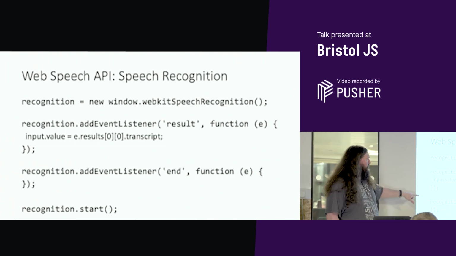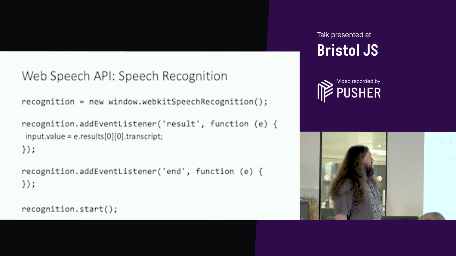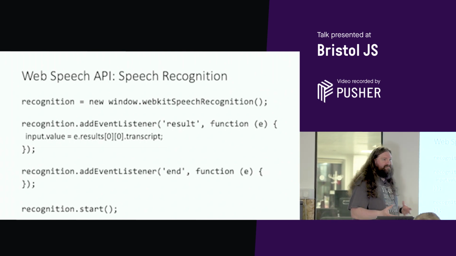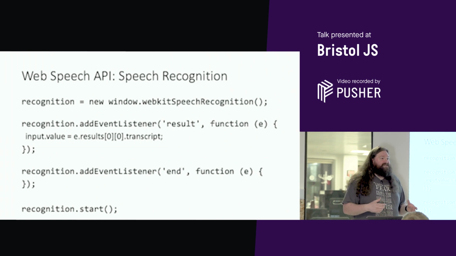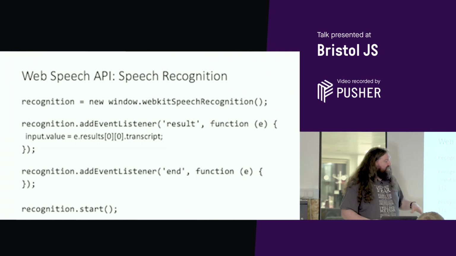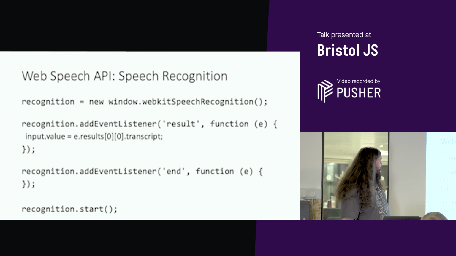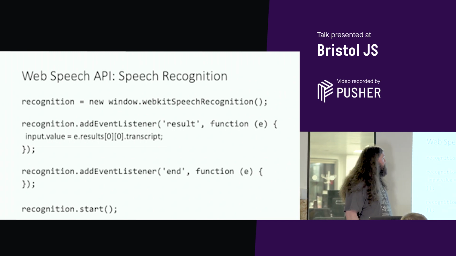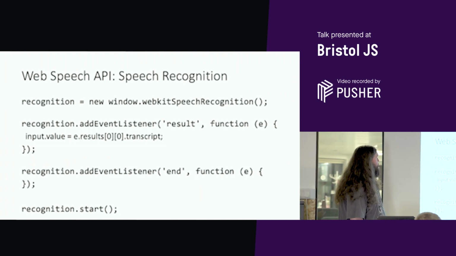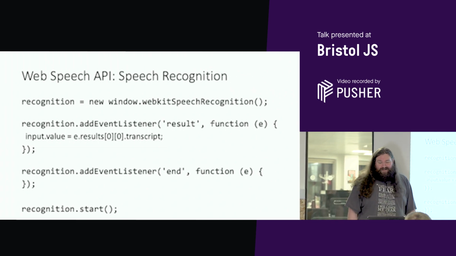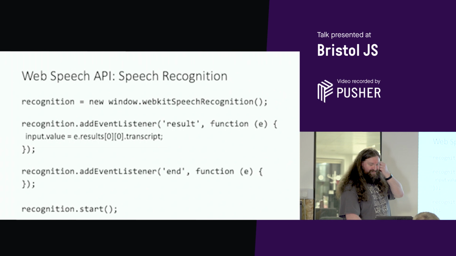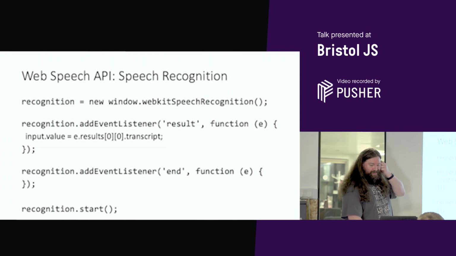So again, I'm making the button blue and adding some ARIA states to it, so you know it's active and not, and that's the bit where I'm doing it. And then it's literally recognition.start. Call that, and yeah, you have speech recognition built into browsers. I think that's pretty neat.